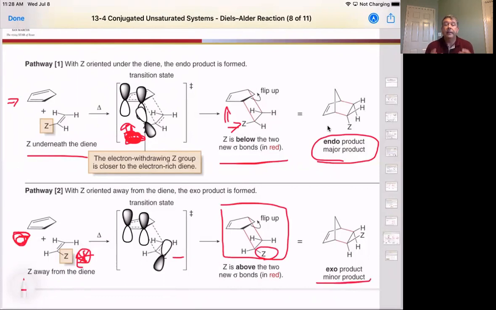So it has everything to do with the idea that that partially positive electron withdrawing group is going to pre-associate with that electron cloud. When it pre-associates with that electron cloud, it sets the stage for it bonding in its concerted fashion all at once, giving us our endo as our major product.